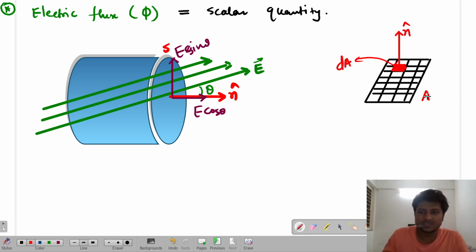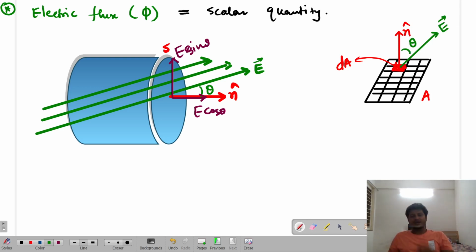If the total surface area is A, then consider the electric field lines which will pass out of it. Let's suppose these field lines are coming like this way, and they make some angle theta out here.